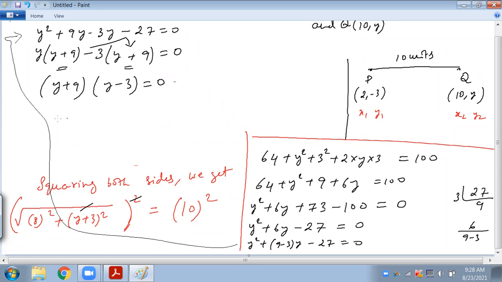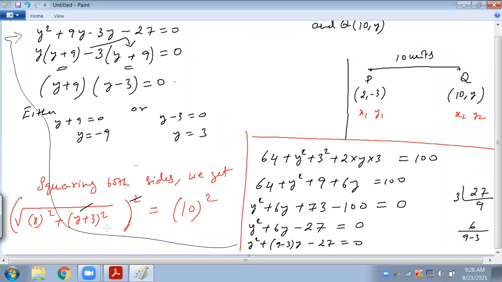Then take either the first one equal to 0 and find y, or take the second one equal to 0 and find y. So what do you get? Y equal to minus 9 and y equal to 3.